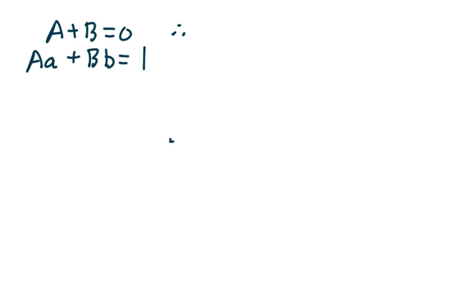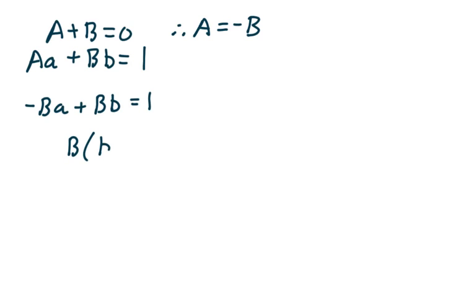What I would probably do is say A is equal to negative B. And then I'm going to make a substitution. And so negative B times a plus capital B times lowercase b is equal to 1. Now, if I solve for B, I'm going to factor out a B and get B times b minus a, and I'm going to set that equal to 1.